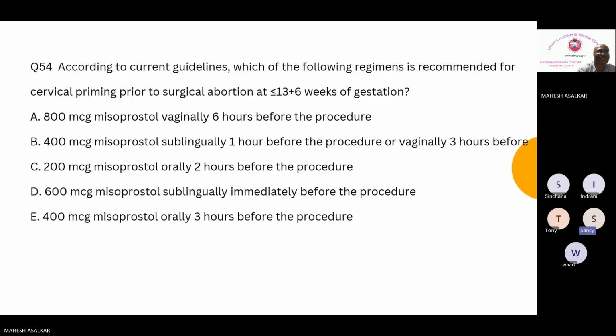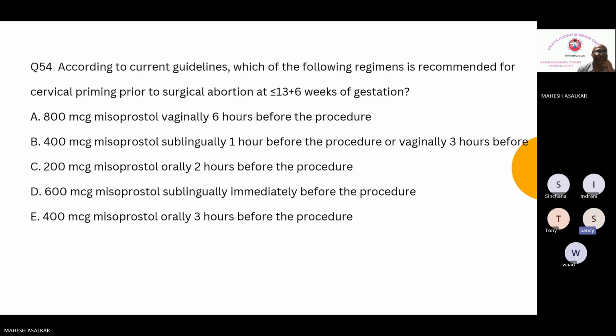According to current guidelines, which of the following regimens is recommended for cervical priming prior to surgical abortion at less than or equal to 13+6 weeks of gestation? 800 microgram misoprostol vaginally 6 hours before the procedure; 400 microgram misoprostol sublingually 1 hour before the procedure or vaginally 3 hours before; 200 microgram misoprostol orally 2 hours before the procedure; 600 microgram misoprostol sublingually immediately before the procedure; 400 microgram misoprostol orally 3 hours before the procedure.